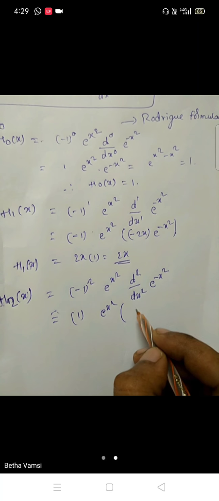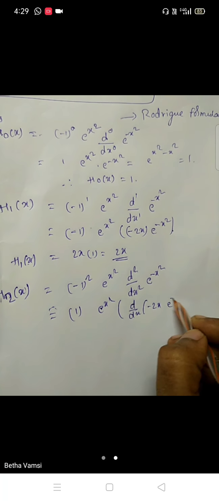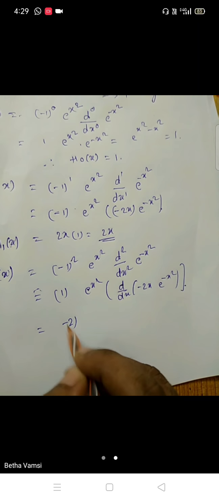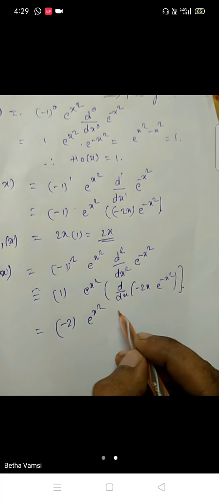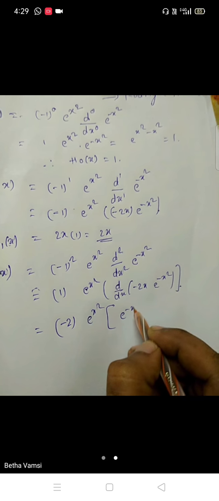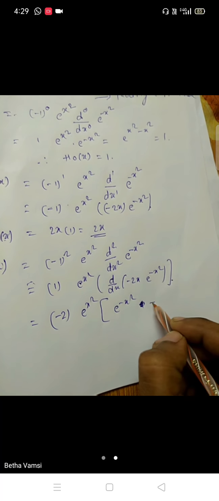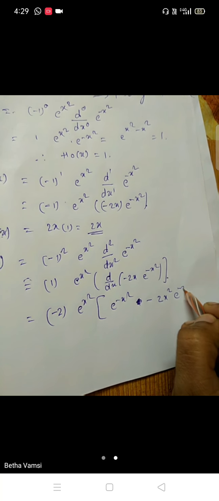The first derivative will be minus 2x into e power of minus x square. So minus 2 comes outside, and the derivative of the bracket will be e power of minus x square plus minus 2x square e power of minus x square.